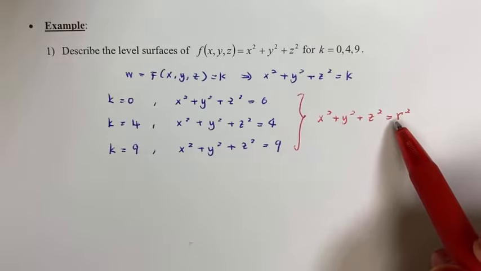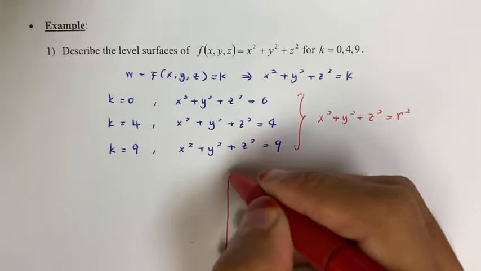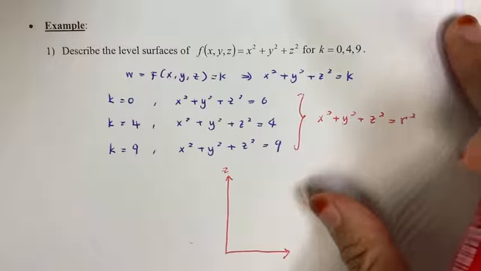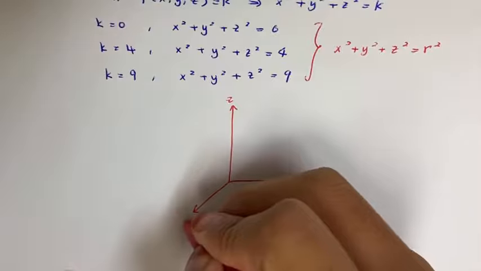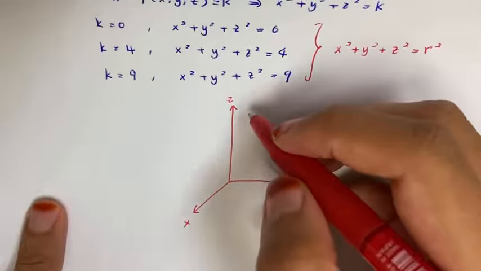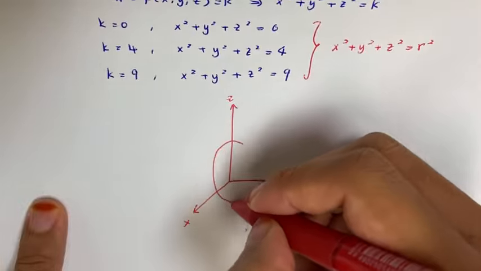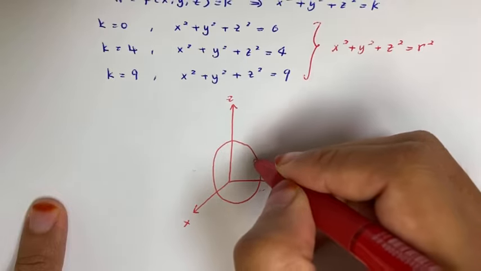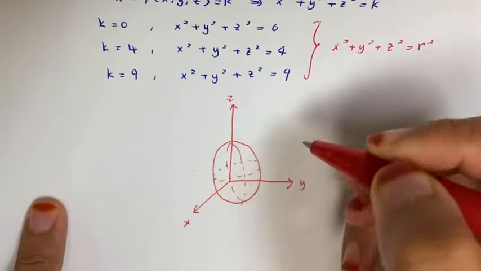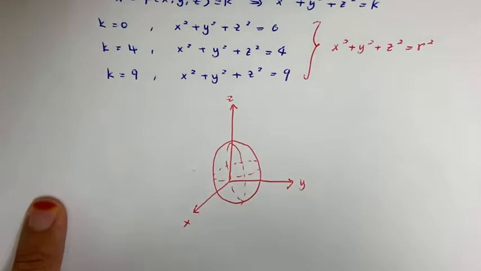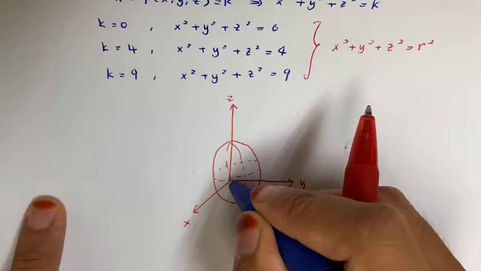So how to sketch the level surface? In 3D, you have z here, y here, and x here. What is the sphere with radius 4? You have this one. For k equal to 0, we don't have any surface.